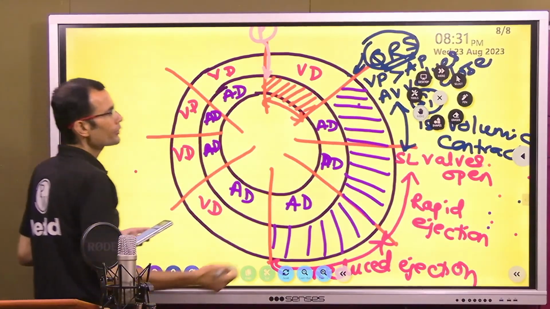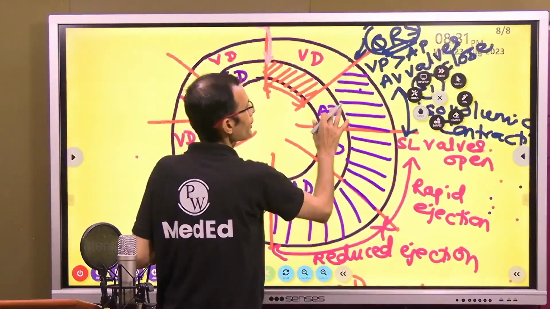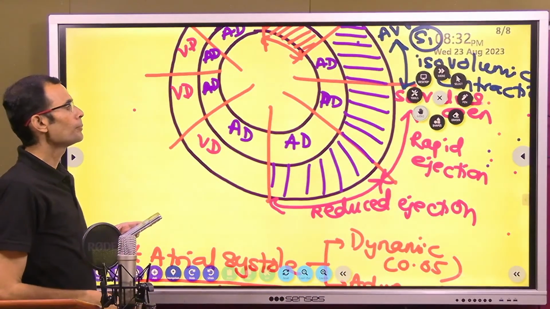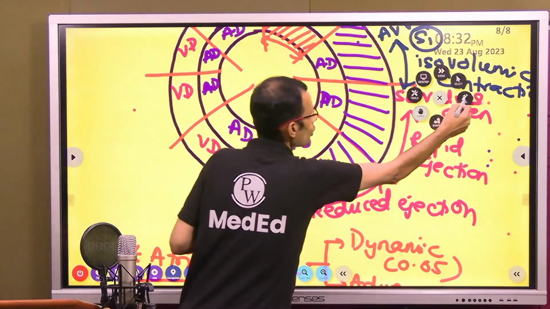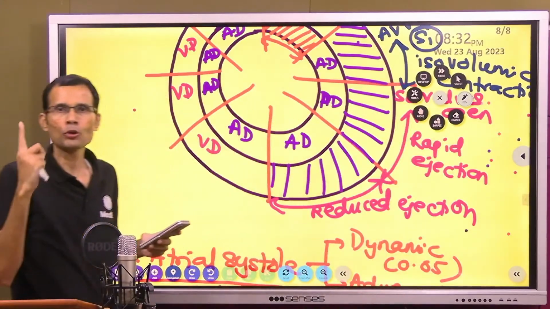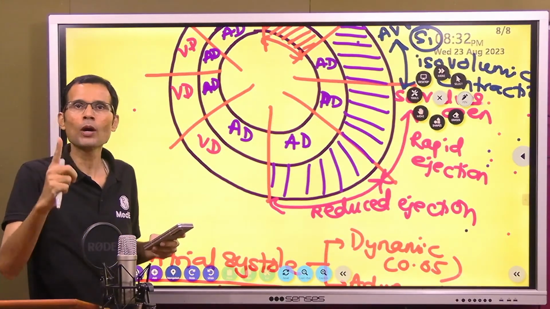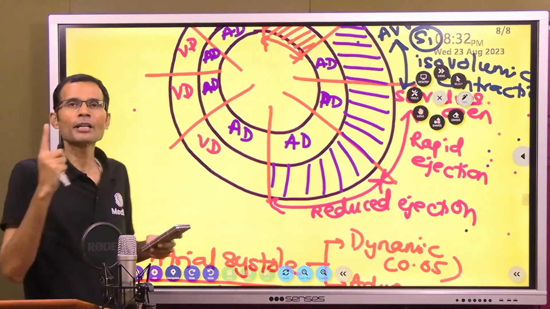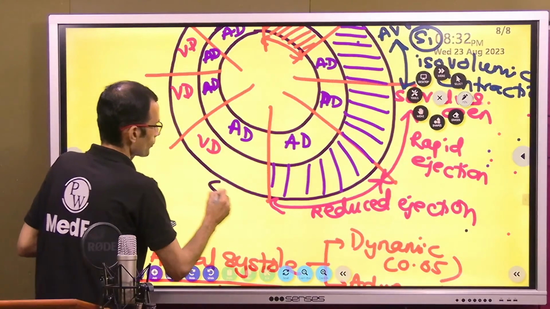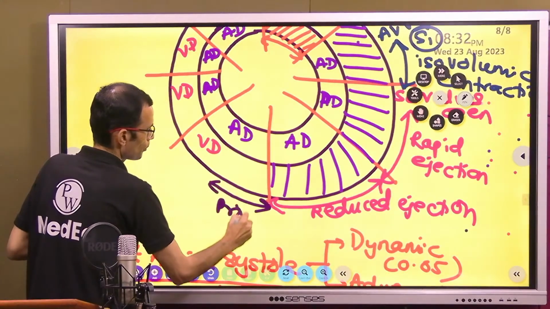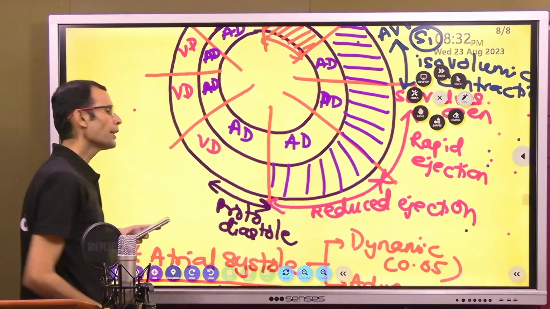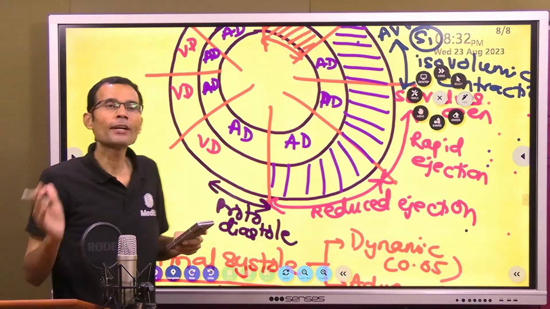All right, now let's talk about the events of ventricular diastole. First event is protodiastole. Please remember, protos means one, number one. So the number one event of diastole is protodiastole. What happens in this phase?